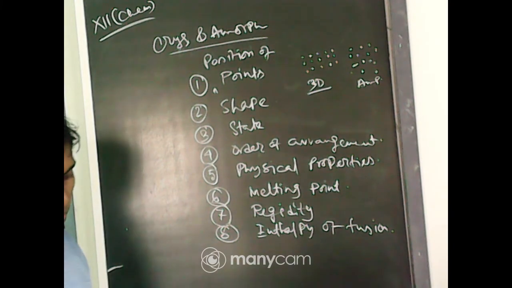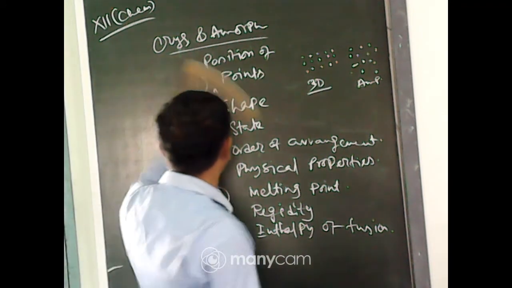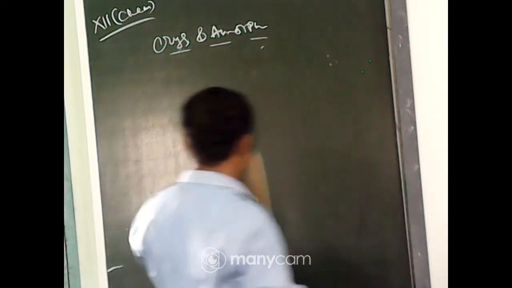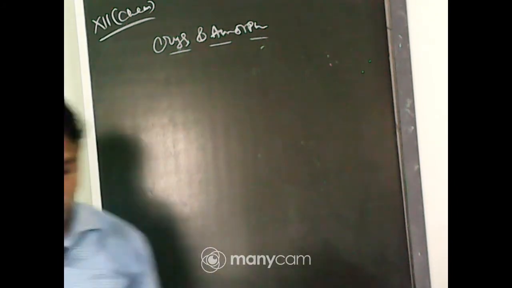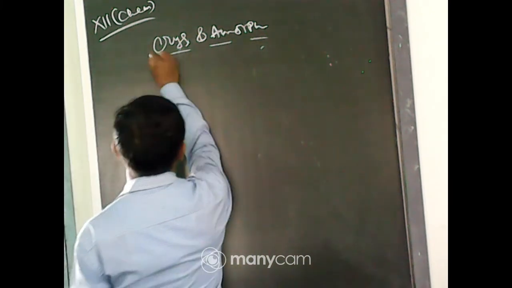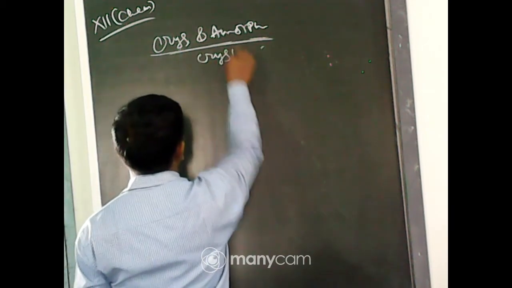Now, coming to the next one, that is classification of solids. Classification of crystalline solid. So, this was the classification of solid. Now, crystalline solid.